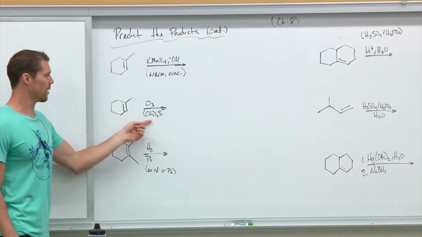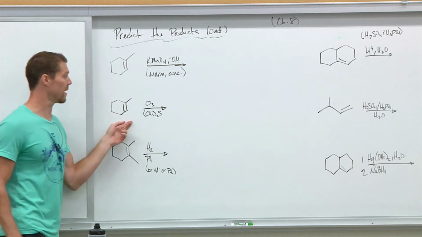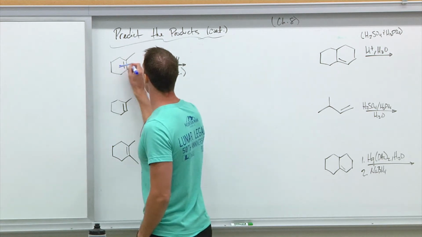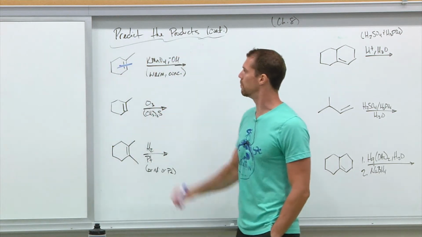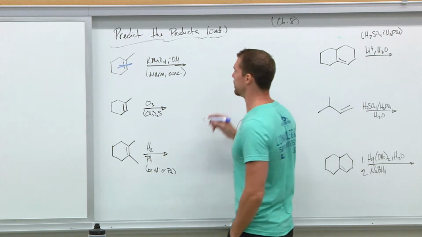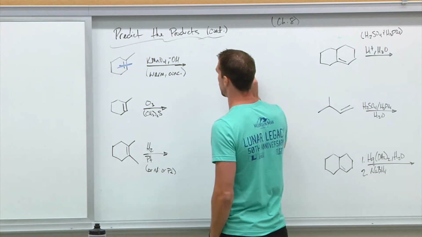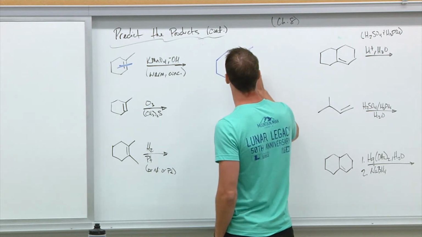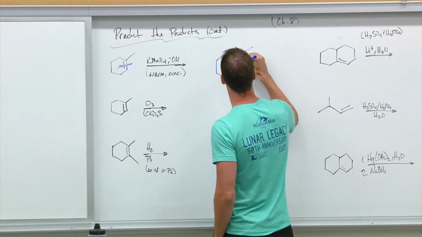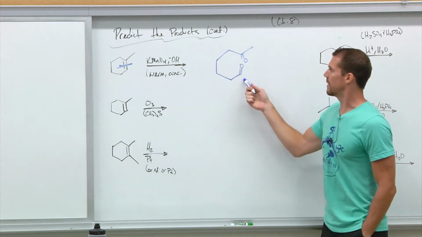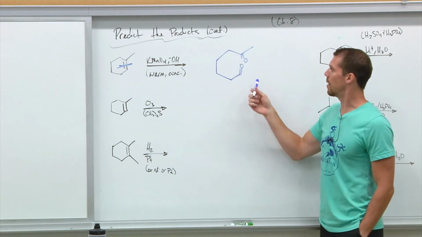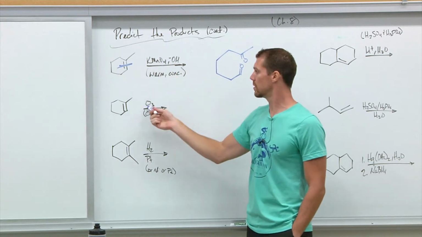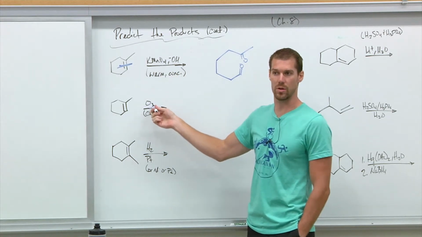Now we had another one, so I just want to compare these two then. So oxidative cleavage, break your double bond and then draw it. So here, we got this, but this is a much stronger oxidizing agent than the ozonolysis and the ozone.